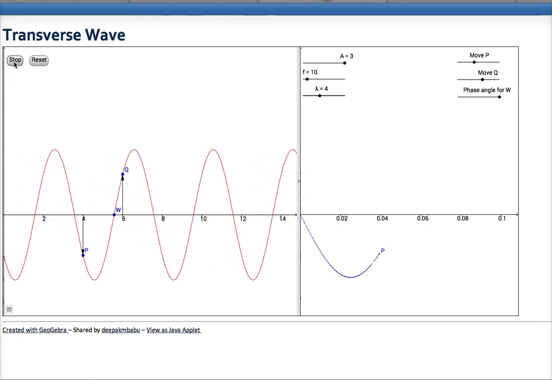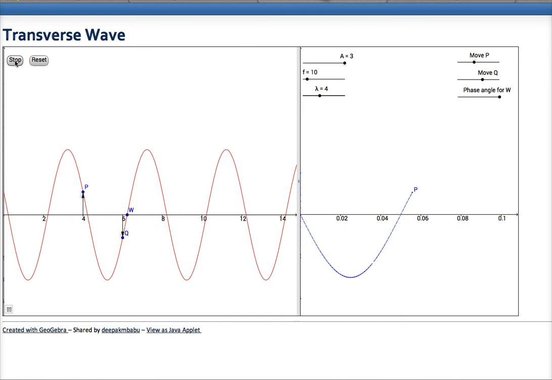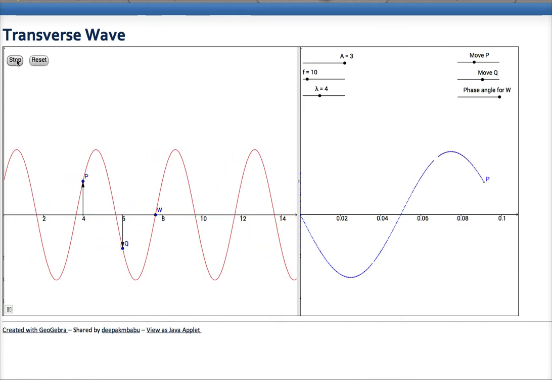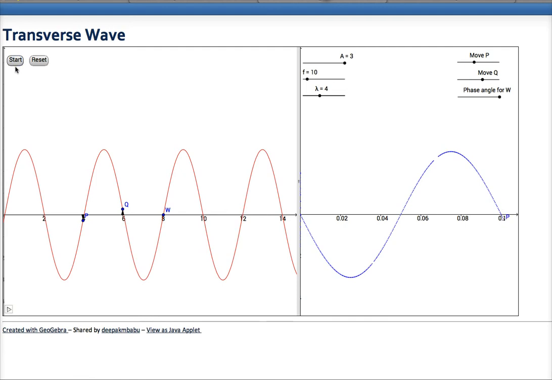All the way down, all the way up, and there, I've stopped it in one cycle. So how far has point W moved, the wave front? 4 meters.